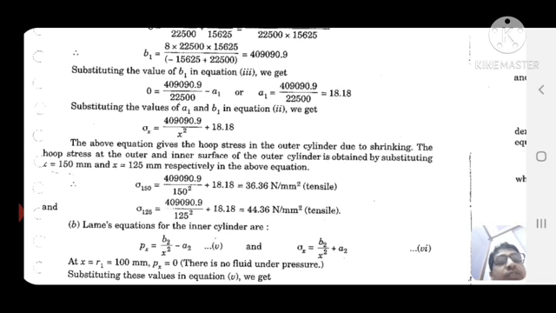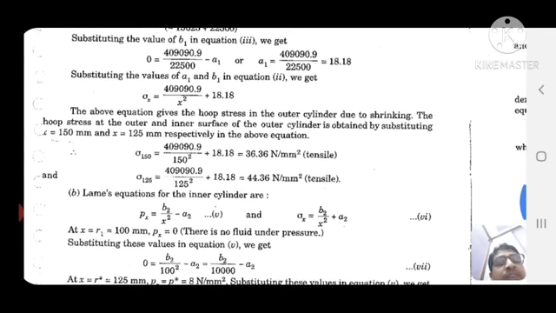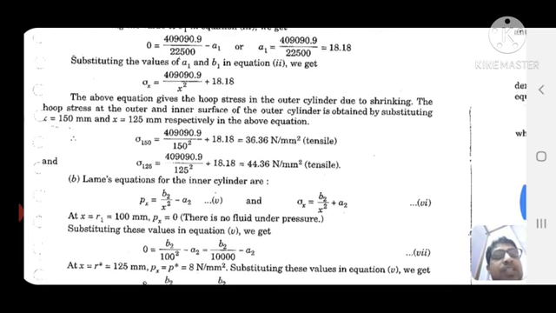That is equal to 409090.9. So substituting the value of B1 in the equation, we get 0 equal to 409090.9 divided by 22500 minus A1. Therefore A1 is equal to 409090.9 divided by 22500, that is 18.18.